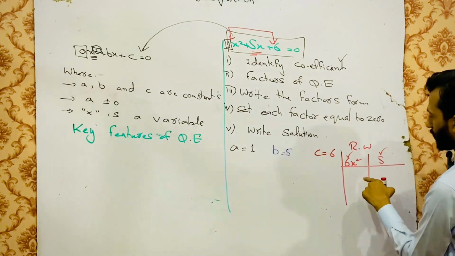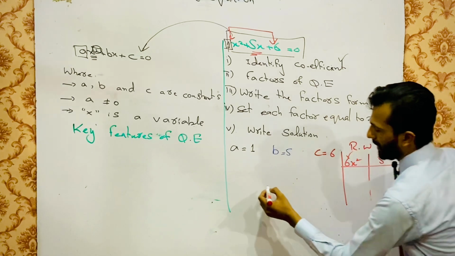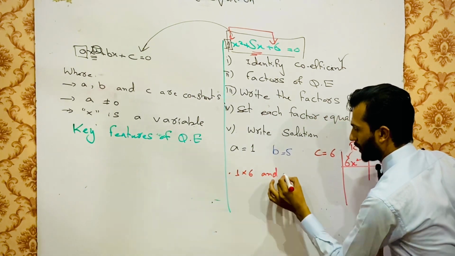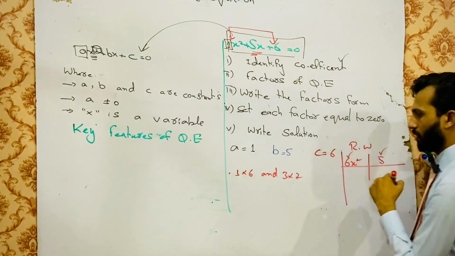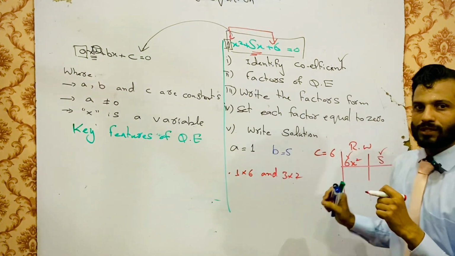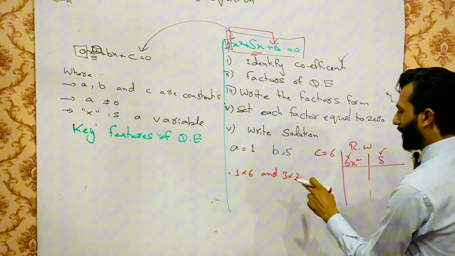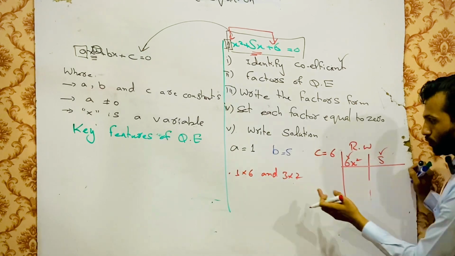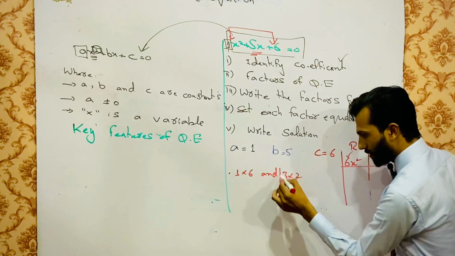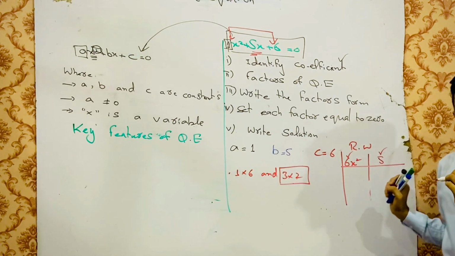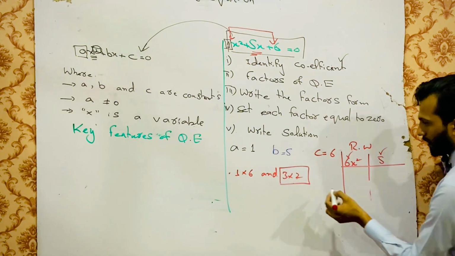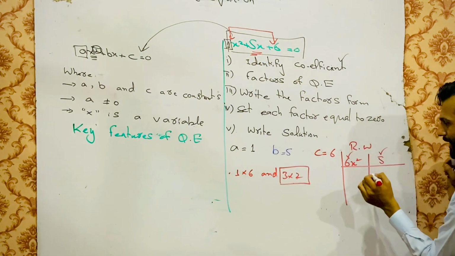Possible factors of 6 are 1 multiplied by 6 and 3 multiplied by 2. Check the numbers: 6 plus 1 is equal to 7, that is not okay. And 2 plus 3 is equal to 5, and 2 multiplied by 3 is equal to 6. So the two numbers are 3 and 2.